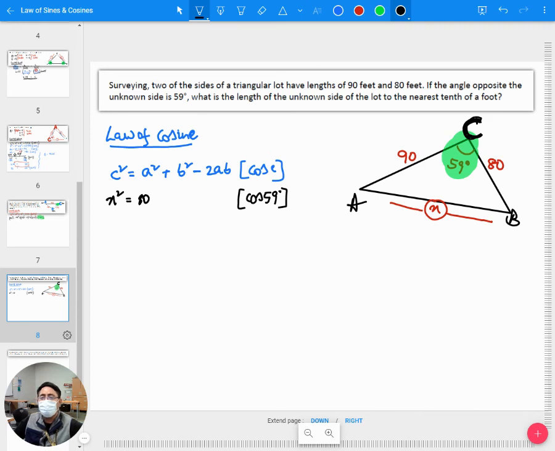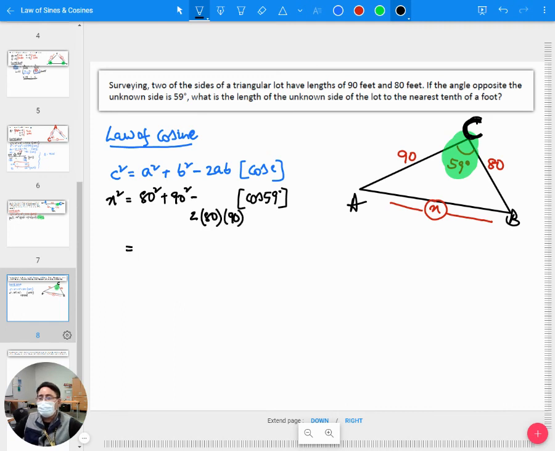My handwriting is too bad. So it's going to be 80 squared plus b squared, the side opposite to angle B, which is 90. So this is 90 squared minus, due to lack of space, I am writing in the next line, 2 times a, which is 80, times b, which is 90.